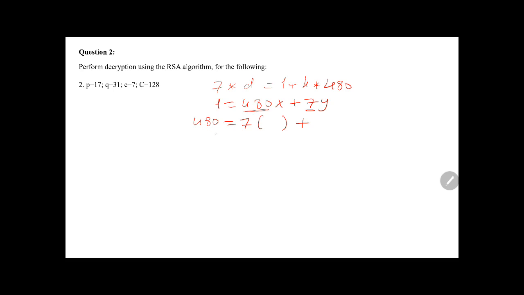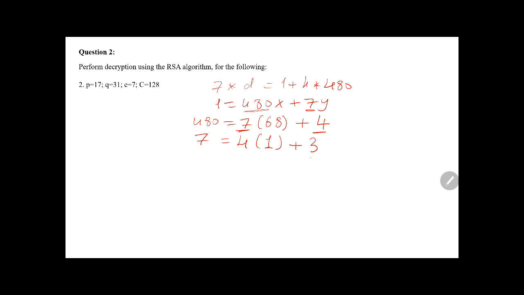So 480 divided 7 is equal to 68. 480 modulus 7 is equal to 4. And we do it again using the numbers here outside the bracket, not the 68, it's the 7 and the 4. So it is 7 equal to 4. We open a bracket here, we add the plus sign. So 7 divided by 4, an integer division, remember, so it's 1. 7 modulus 4 is equal to 3.